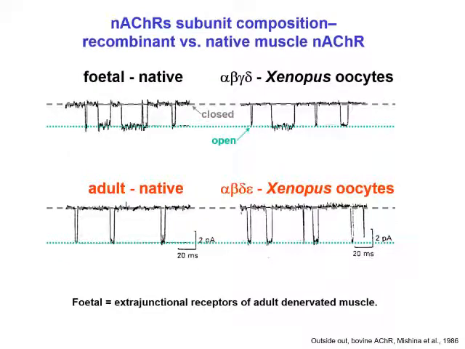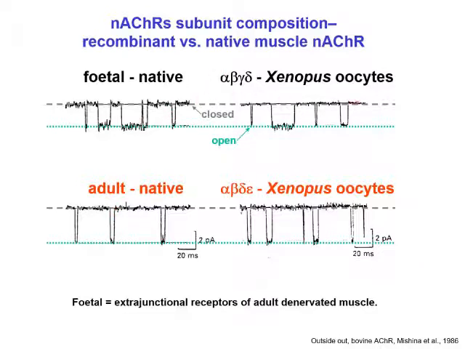This is another example of a pretty obvious, clear-cut result. This is the subunit composition of the nicotinic acetylcholine receptor. Now, in fetal muscle, we find channels, here the openings are downwards, that are smaller and tend to have longer open times than in the adult.